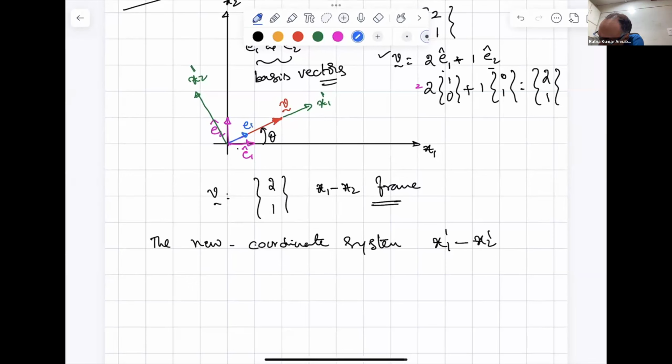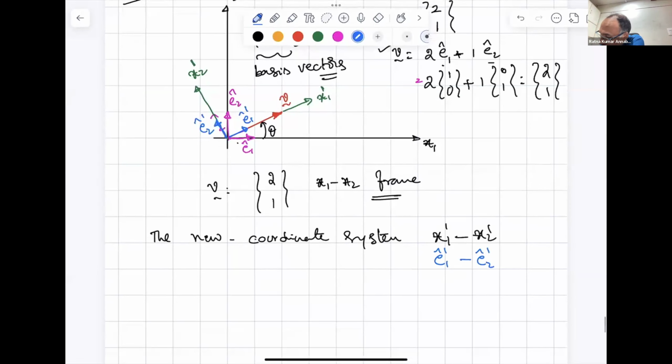This is E1 hat dash. This is my E2 hat, and this is my E2 hat dash. Do you agree? I'm just saying that I have my new basis vectors. E1 hat dash is along x1 dash. E2 hat dash is along x2 dash.